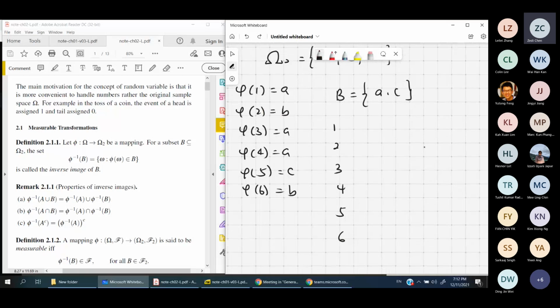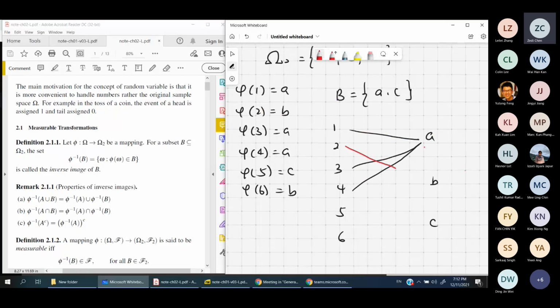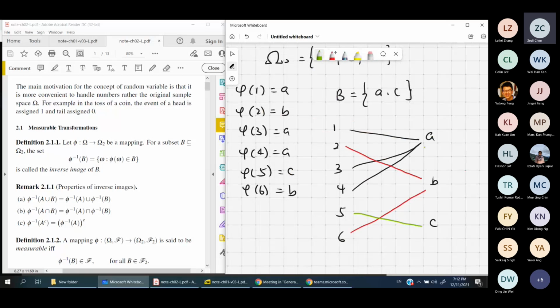Then we have A, B, C. First of all, 1 goes to A, and 3 goes to A, and 4 goes to A. And then 2 goes to B, 6 also goes to B, and finally 5 goes to C. So B is A and C, which means we are only interested in this and this.